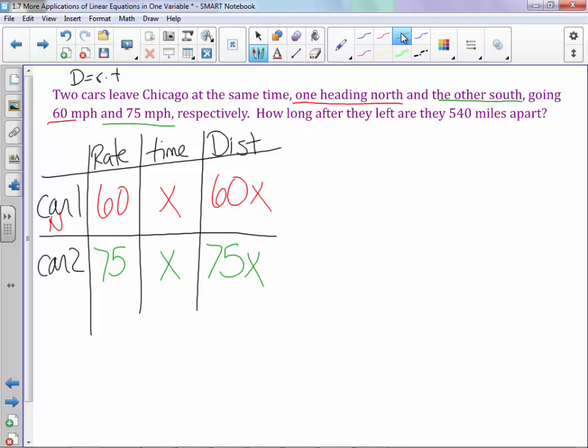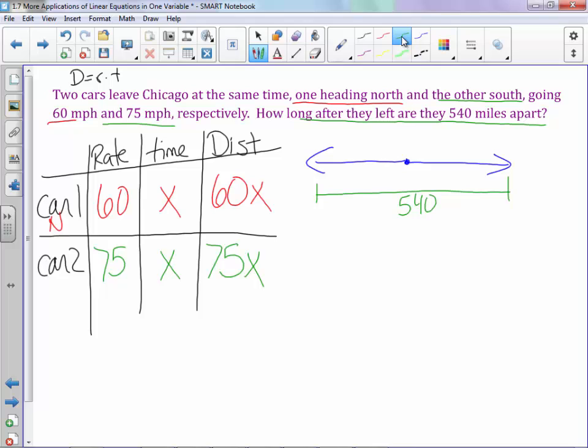To get to an equation, let's think about this. They both started here. We had one car go this way, one car go this way. We want to know how long after they left were they 540 miles apart. So when was this distance 540 miles? Notice this is the distance that the south car went, and this is the distance that the north car went.